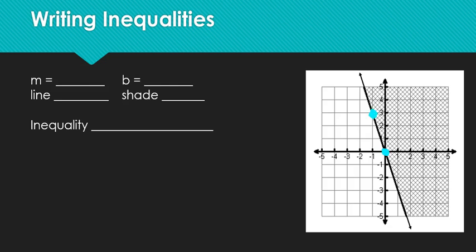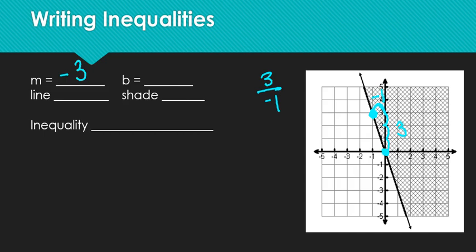So what do we have to do to get there? We have to go up 1, 2, 3, and then we have to go to the left 1. So we rise 3, and we go to the left 1. So 3 divided by -1, my slope is going to be -3.